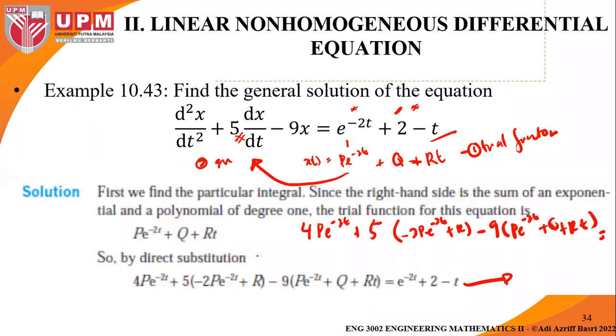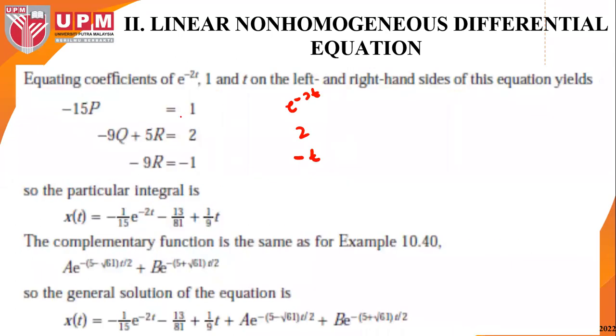Based on these equations, when you simplify, in terms of exponent negative 2t you get negative 15p equal to 1. The second, for the constant, is negative q plus 5r equal to 2. Then the third, for t, is negative 9r equal to negative 1. So you have three equations and three unknowns.